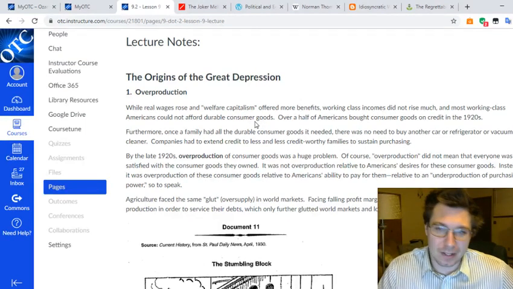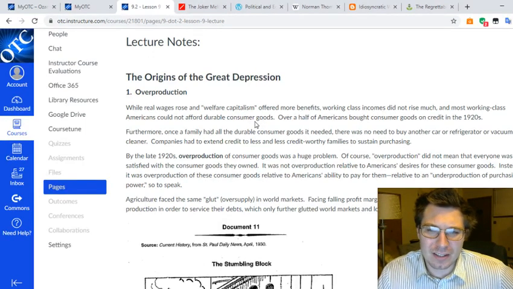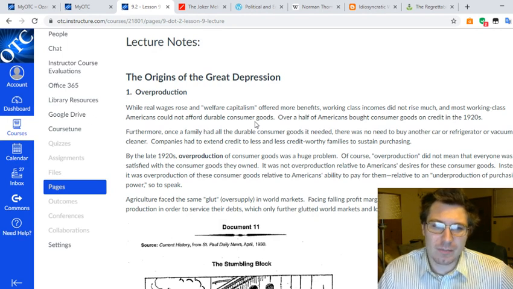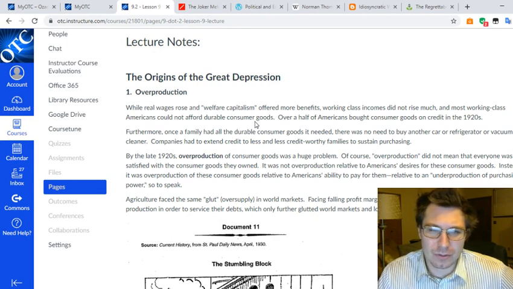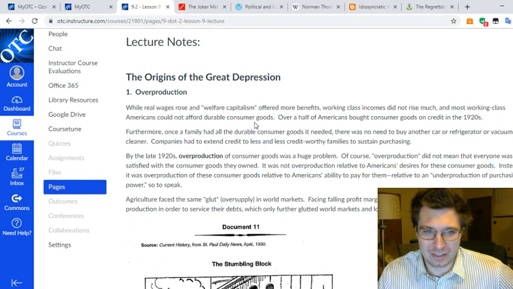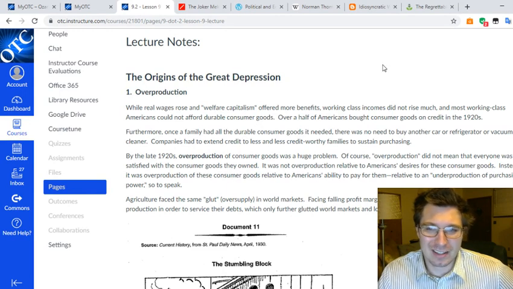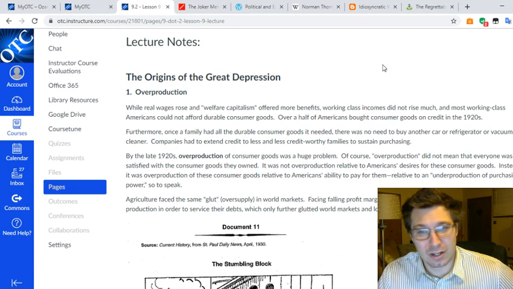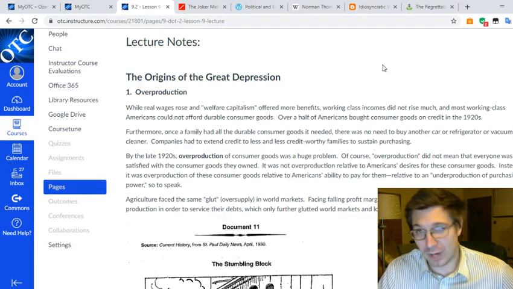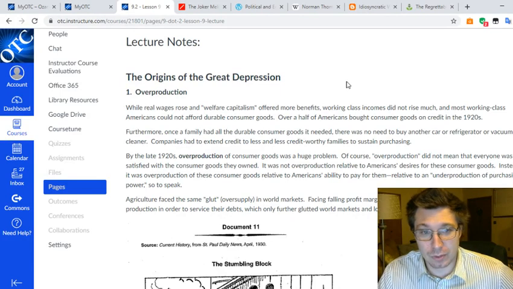So despite all that, working class incomes did not really rise much, and most working class Americans could not afford durable consumer goods. Over half of Americans bought consumer goods on credit in the 1920s. Furthermore, once a family had all of the durable goods it needed, there was no need to buy another car or refrigerator or vacuum cleaner, at least for a while, until the old one broke.